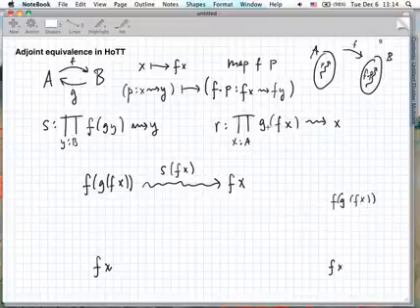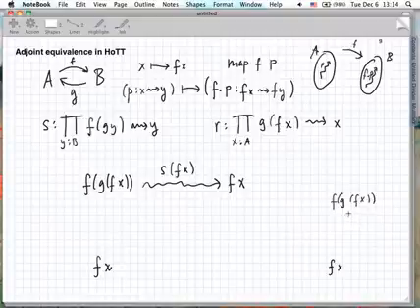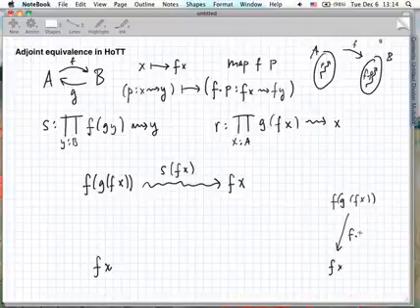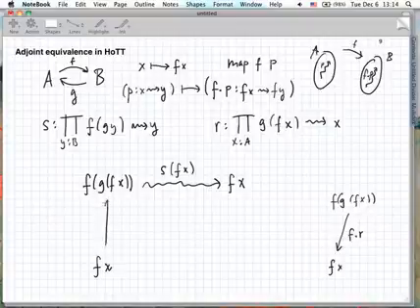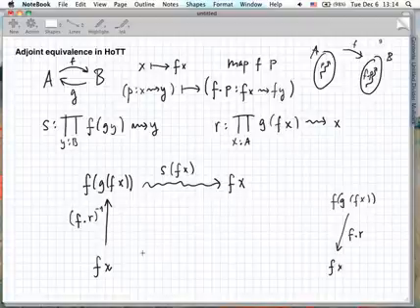So r goes from gf to x, and if I act with f on it, it's in the right direction. This would be f acting on r, but I want to go in the other direction, so I have to do f acting on r turned around. And so now this stuff has to be equal to the identity.